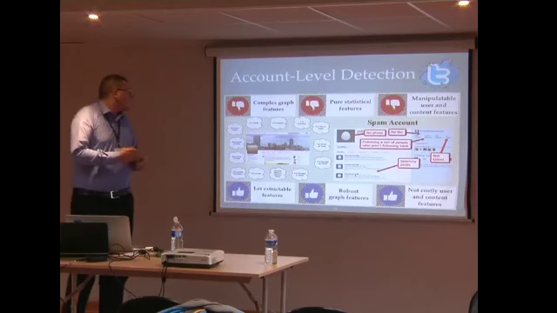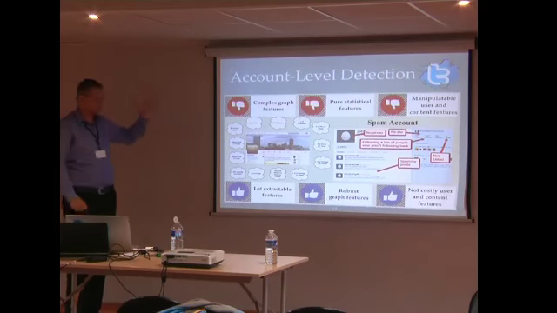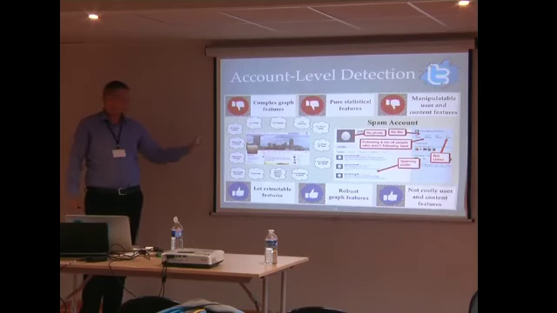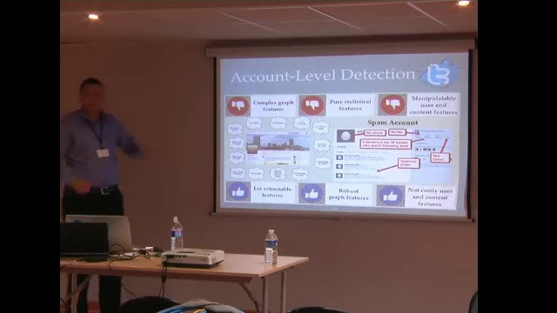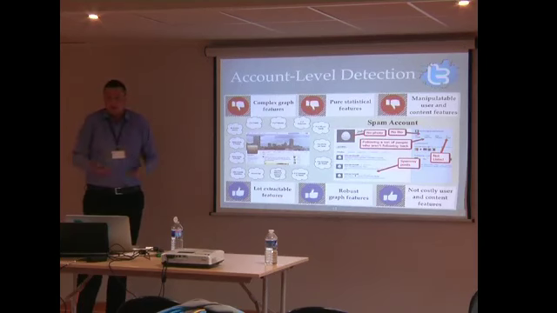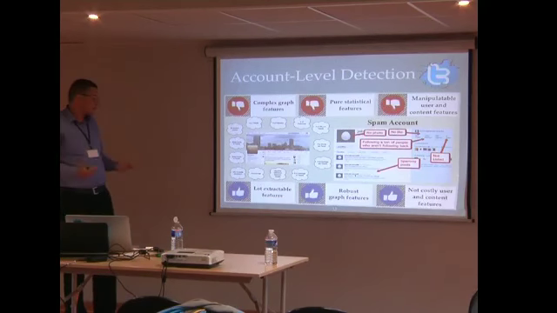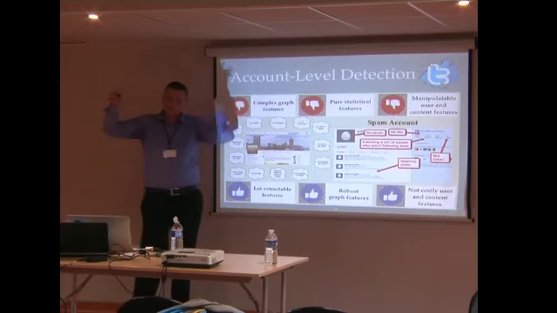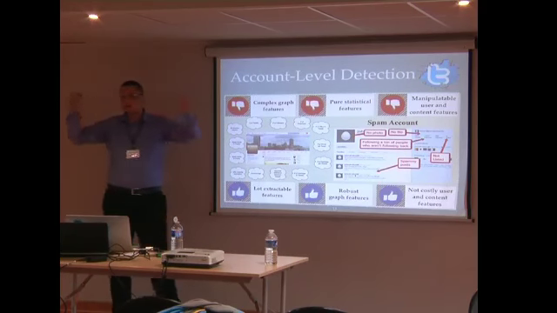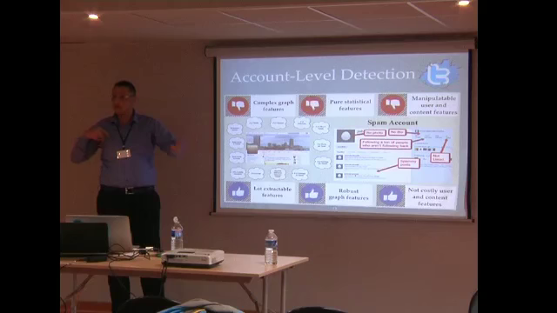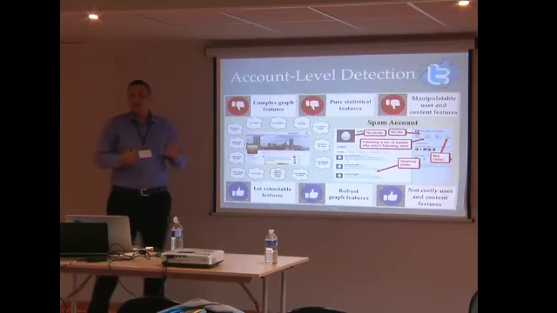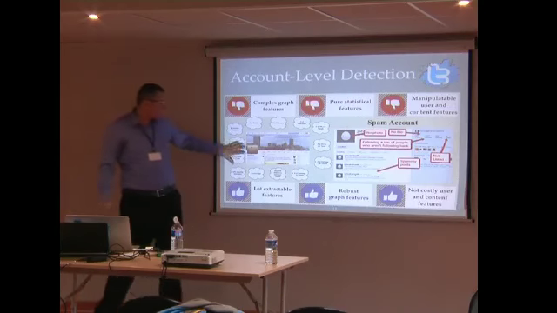The second, the account level detection. This is more powerful than the tweet one because we have many extractable features. We can extract many features, and also the graph features related to the Twitter graph, like followers and followees, can give more information about the considered account.